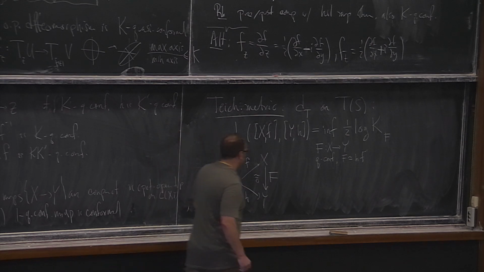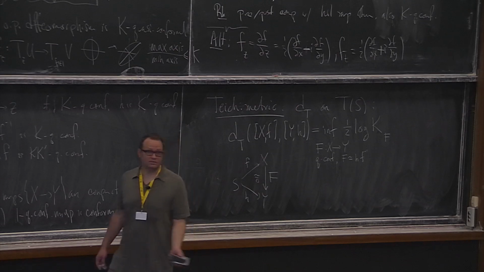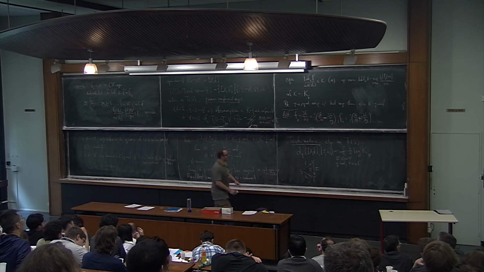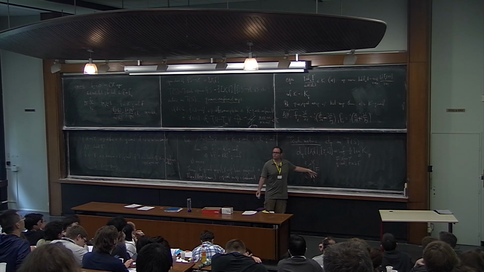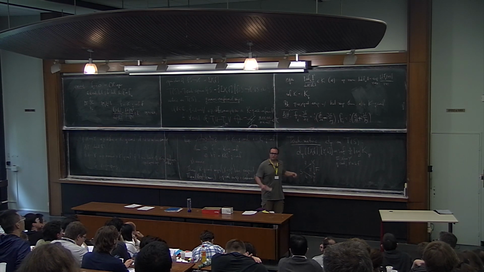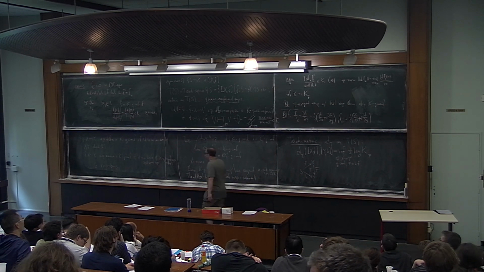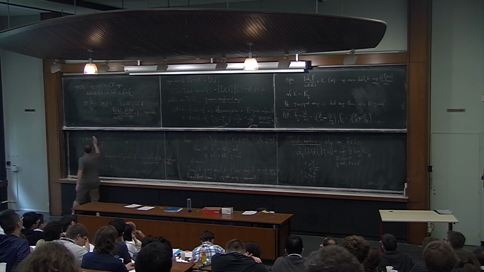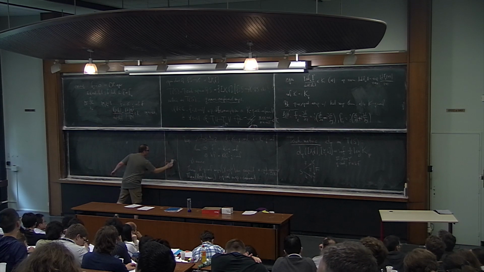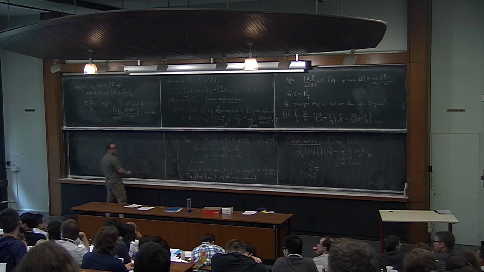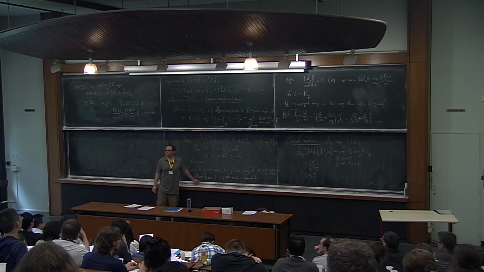So this is a function we just defined. It measures how far this homotopy class of maps is from being conformal, which is the right thing to measure, how far things are from being conformal. For diffeomorphisms, it's obvious.